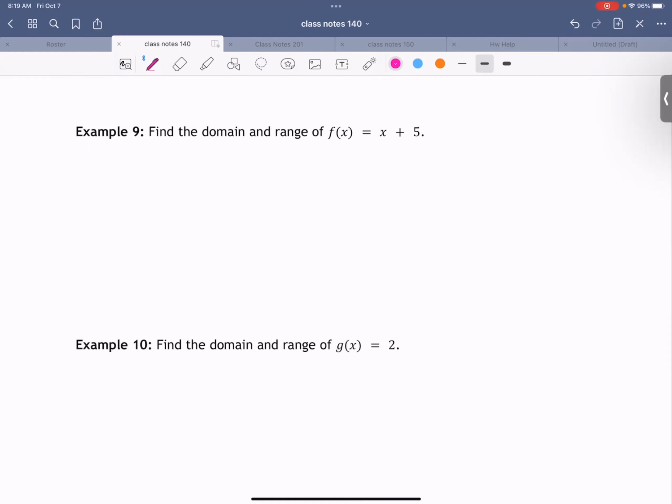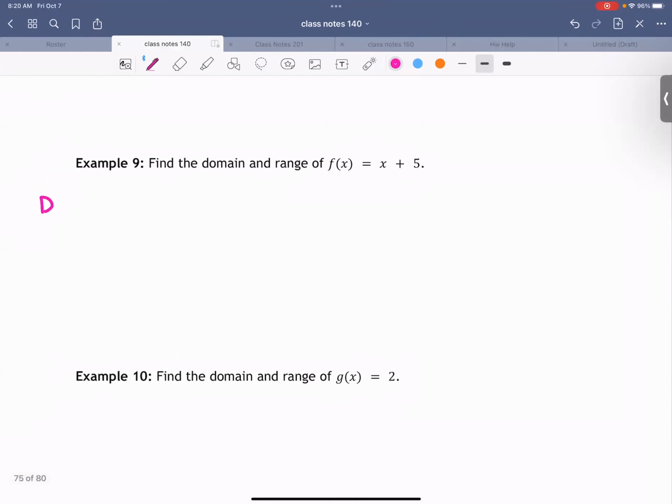Let's start with the domain, okay? For the domain, you actually don't need to draw a picture. You always can, but sometimes it's easy to do in your head, okay? Now, remember, the domain are all the x values that we can plug into the function, okay? So that means anything I can plug in here. Can someone tell me if there's any x values that I can't plug in here?